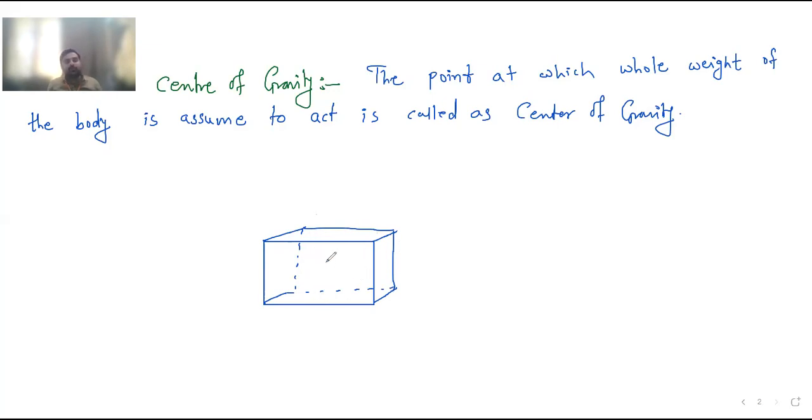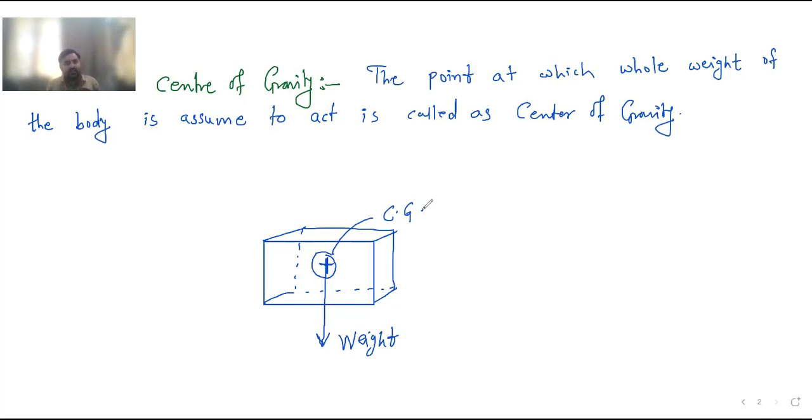So what we will assume is that there is one single point in the cube. Here somewhere one single point is there in the cube. Through this single point, the weight of this cube is acting. And this single point is called the center of gravity. When a cube is there, you will say that the weight is acting and it is the center of gravity.